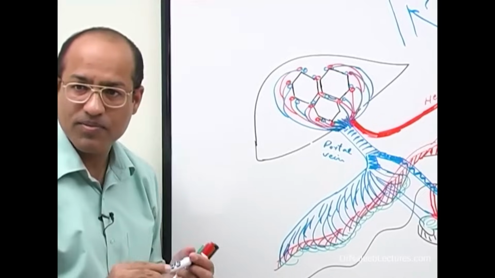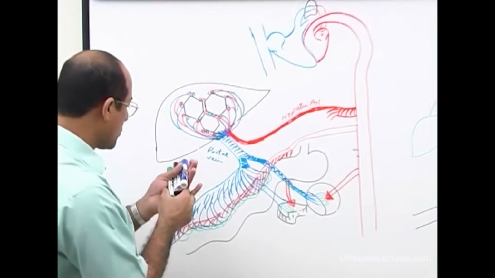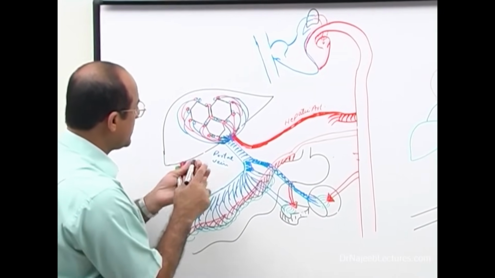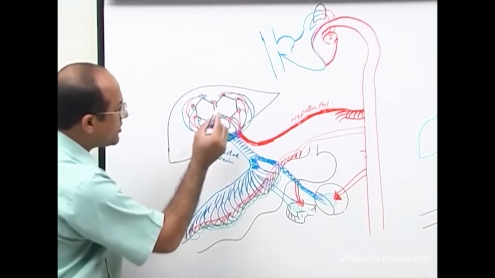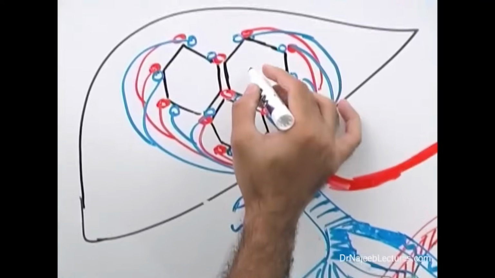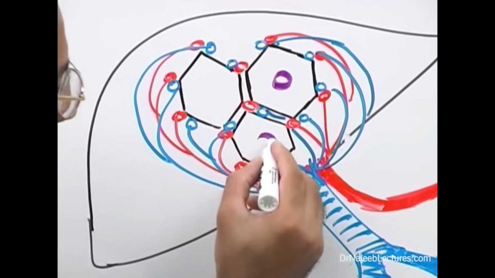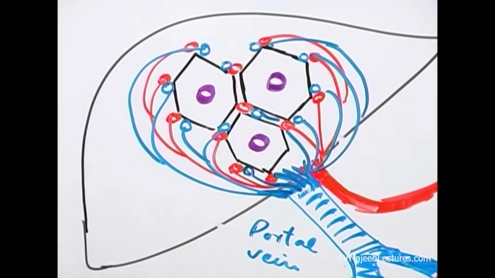Is that right? Then what will happen? Okay. Actually, in the center of this lobule, I'll make it with a different color, there is a vein here. This is called the central vein. What is it called?